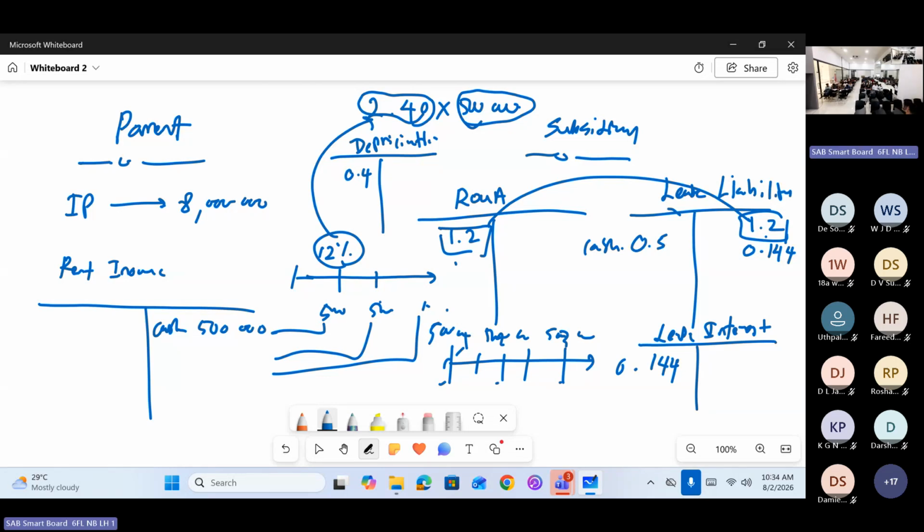You have recorded ROUA. Then what you are going to do? You are supposed to record the rent expense. Once you are doing rent payment, this is a rent payment. Cash credit, and debit here.